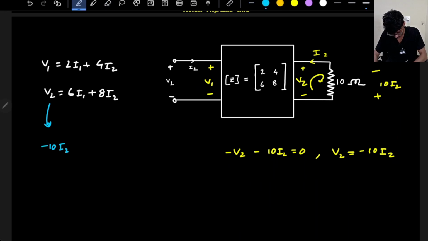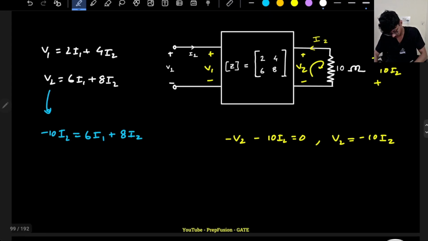minus 10 I2 equals 6 I1 plus 8 I2, and this will be minus 6 I1 equals 18 I2.